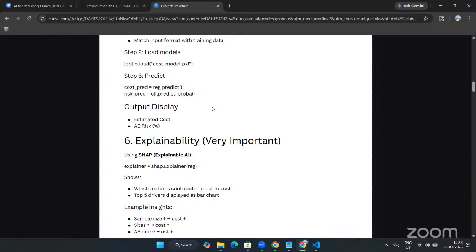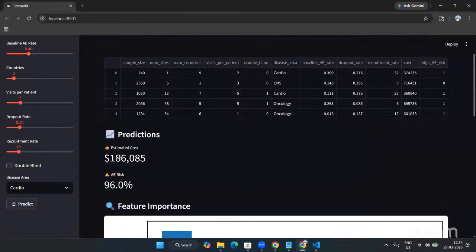It basically gives cost_pred equal to reg.predict. It makes the prediction. These functions are called, clf.predict_proba. So when these functions are called, at that particular time, it brings those outputs here on the screen.